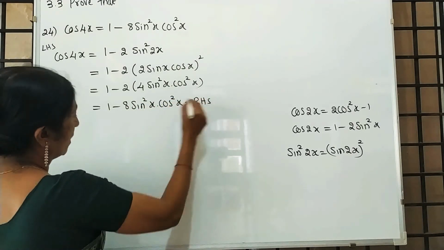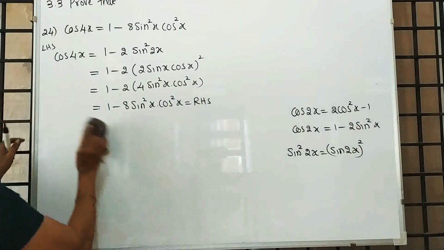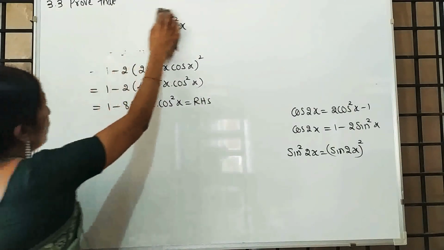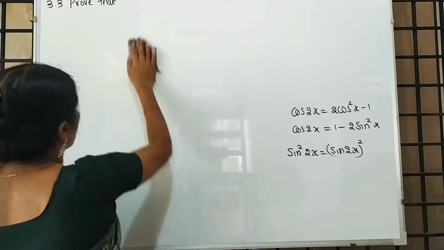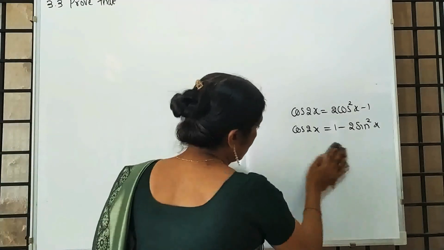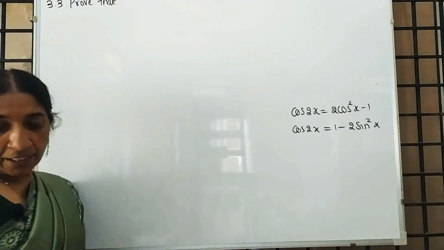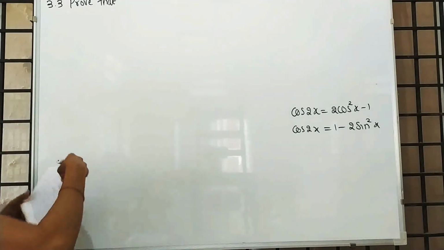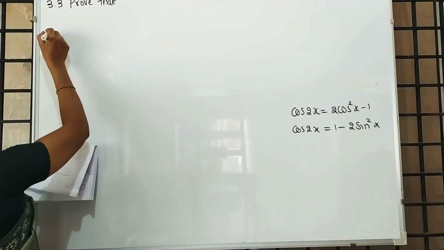This is RHS. Now moving to the next question, question number 25. That is the last question in the exercise. But we have miscellaneous examples, important examples that I will explain in the next class. Question number 25.